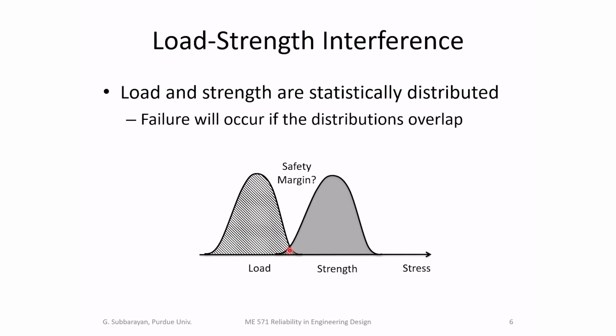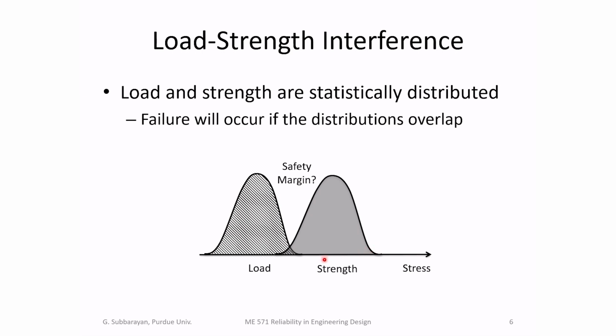In other words, if the strength curve overlaps with the load curve, there is a population in this interference region that is at risk of failure, where the strength will be lower than the applied load. So what we want to do is to estimate this population and specify it in designing a product. In order to do that, we need to have an understanding of the probabilistic distribution of the load and the probabilistic distribution of the strength.